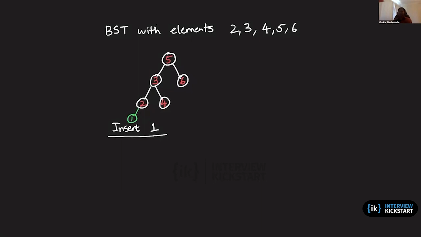Now this satisfies the binary search tree property, but it violates the structure of the complete binary tree. It violates that shape. So the new shape, after whatever rebalancing we have to do, should be such that there will be 6 nodes, which means the shape has to be something like this.